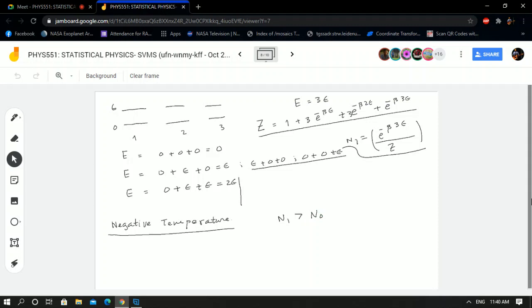You can define negative temperature when N1 is greater than N0. Now, how can we get N1 greater than N0? If you are able to get N1 greater than N0, that is what we call population inversion.